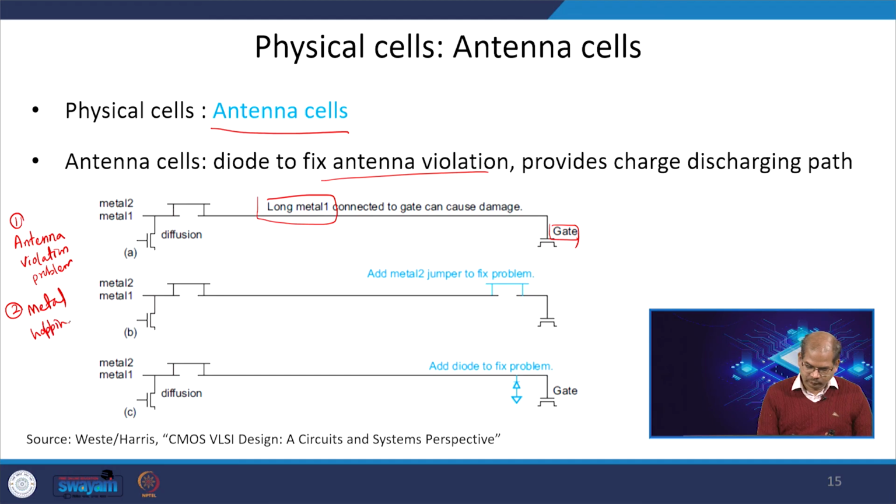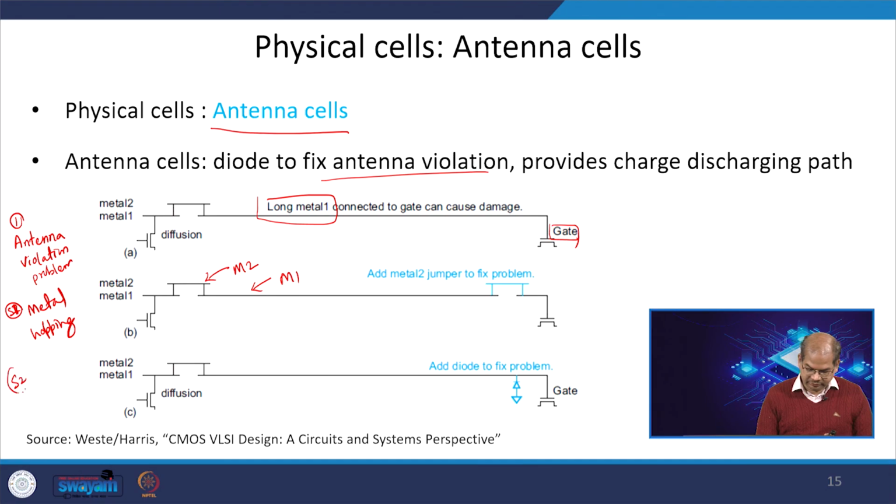So, we can hop to a different metal, from metal 1 to metal 2, such that this problem can be solved. Metal hopping is the first solution, S1.